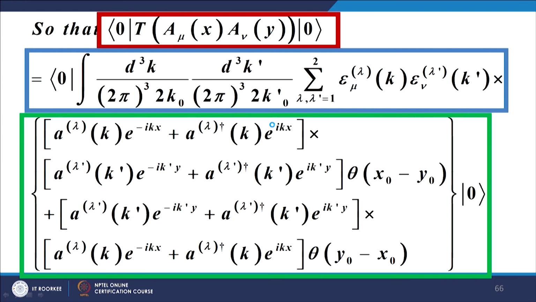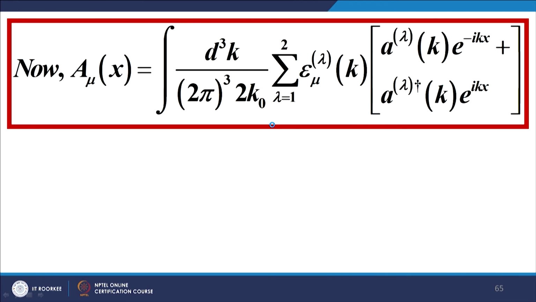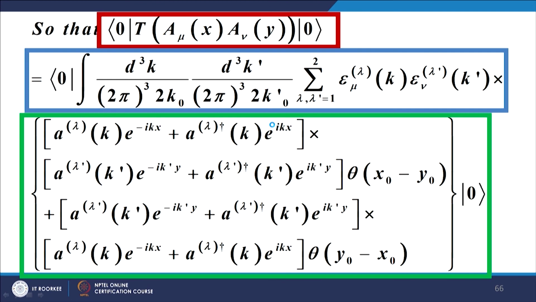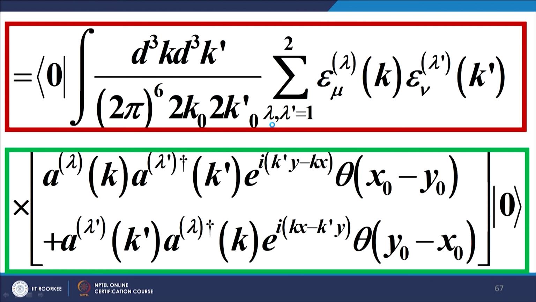On the one hand, when we introduce the expressions for A mu of x and A nu of y in the time ordered product, and we take note of the time ordering represented by the theta functions, the Heaviside functions, what we get is the expression in the green box here. So this is simplified, and what we get is the expression in this whole slide.